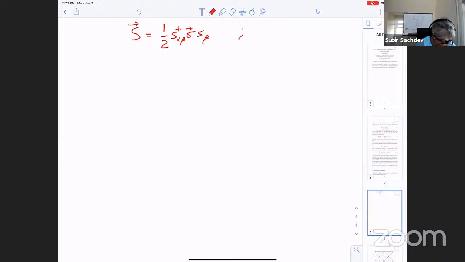Turns out you can also do this using fermions, which is what we'll use today. f dagger alpha, sigma alpha beta, f beta. And in the simplest case, there's a constraint: s dagger alpha s alpha equals 1, that we met before.